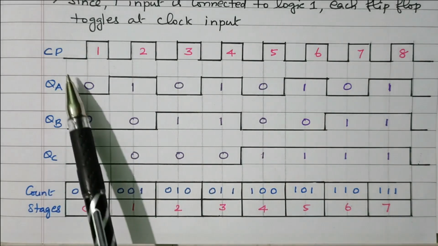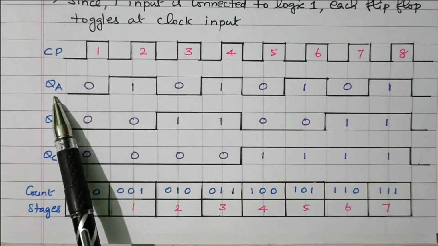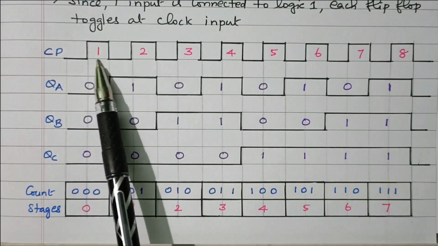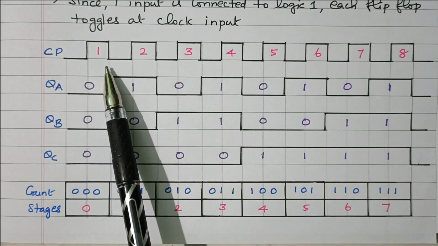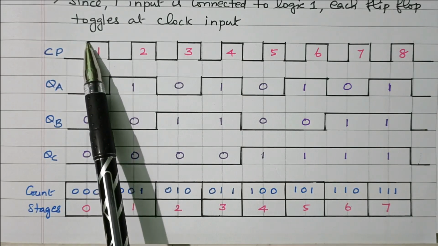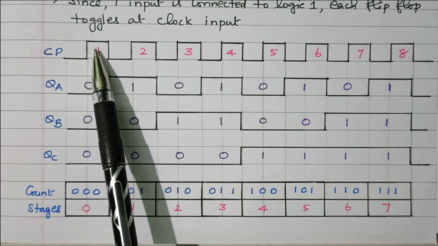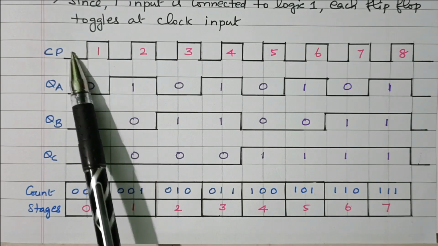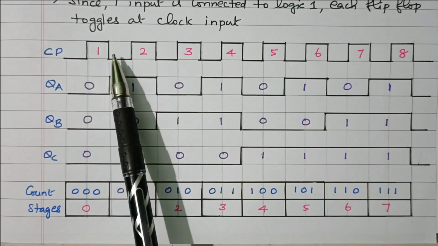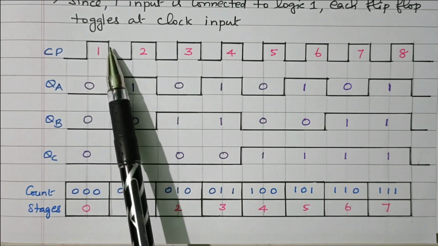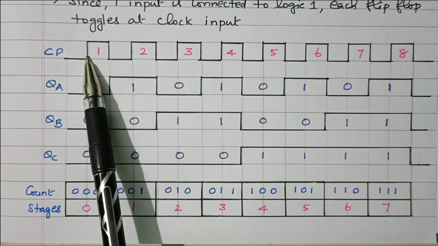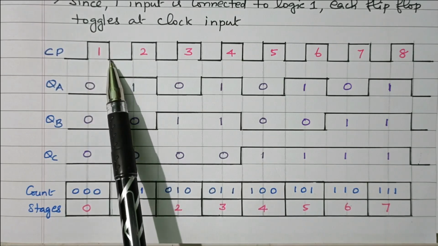So we already discussed this clock pulse is given to the first flip-flop. Whenever the clock pulse is inverted, that is negative edge. Changing from 0 to 1, low level to high level, is called positive edge. But here we are giving inverted. When the clock pulse goes from high to low, this edge is called negative edge.